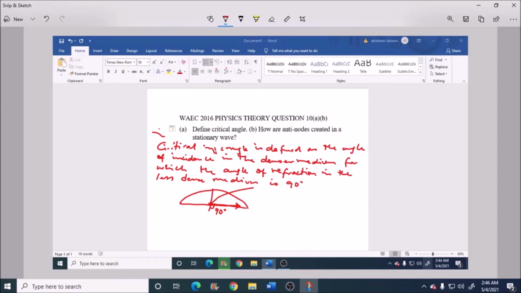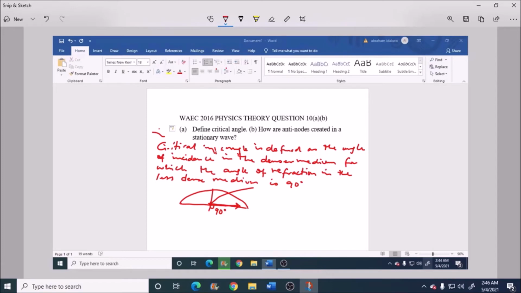Okay, now let's answer the B part of the question. The question says, how are antinodes created in a stationary wave? Now, an antinode is a point on a stationary wave where there is maximum displacement of the medium.